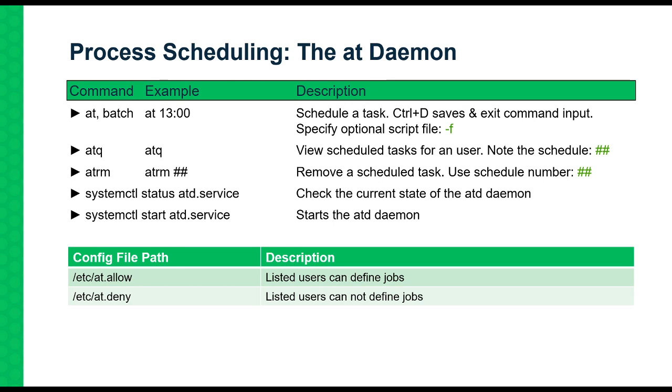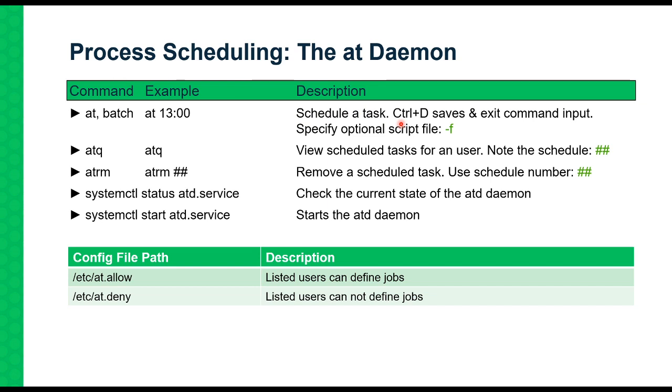So another method of process scheduling is using the at daemon over here. So with the at daemon, we can run the at command. The purpose of the at command is to schedule a task. Once we enter the at daemon, we can add a list of tasks to it.